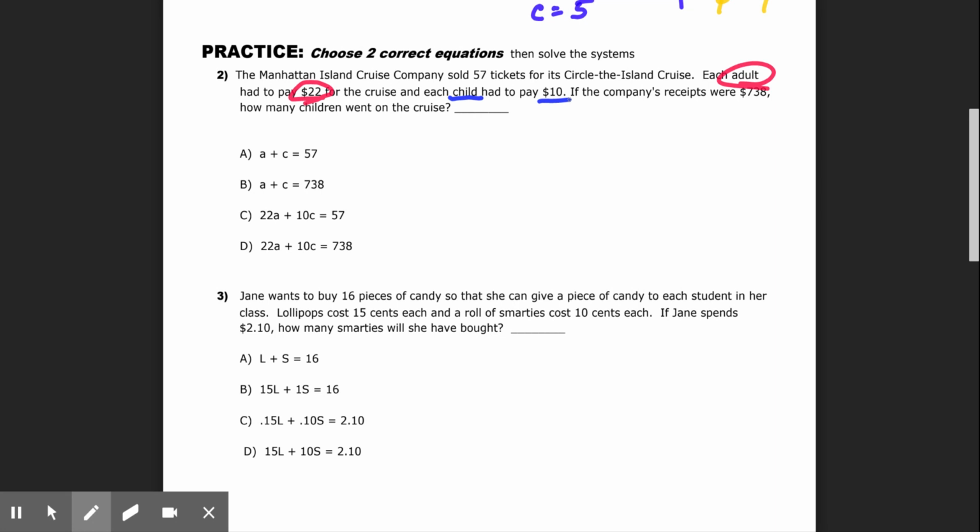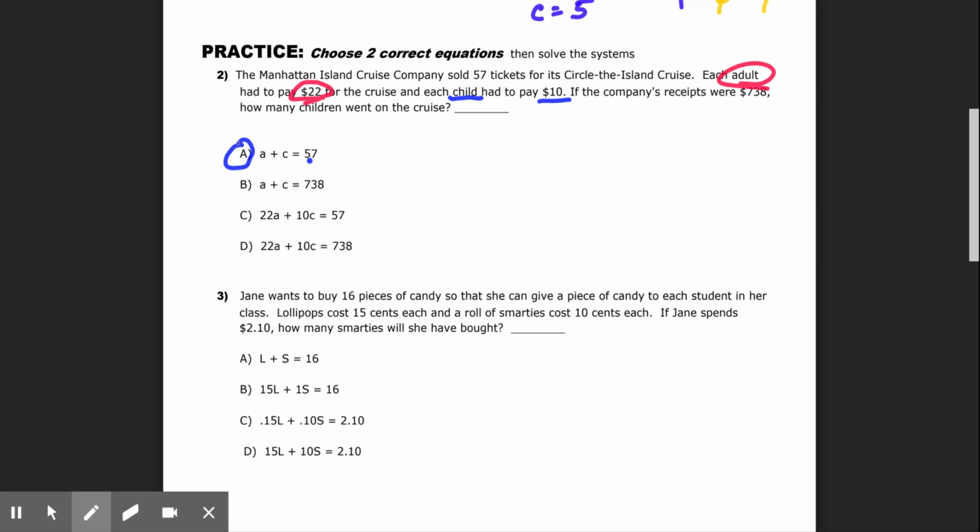All right, so on this situation, we've got 2 different equations. So one of them is going to be the total number of tickets is 57. So we've got our adults plus our children gives us 57. So equation A is one that we're going to be using.